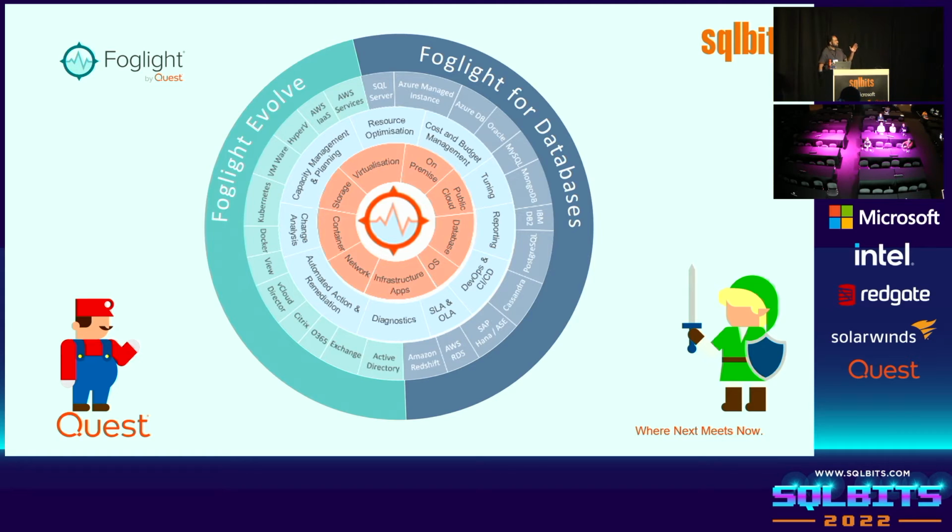On the right-hand side, there is a full-fledged comprehensive database monitoring where we are looking at 11 different types of databases: SQL, Azure Managed Instance, Azure SQL DB, Oracle, MySQL, Cassandra, Amazon Redshift, and so on.